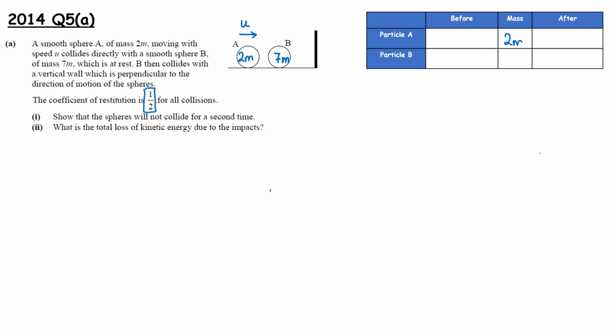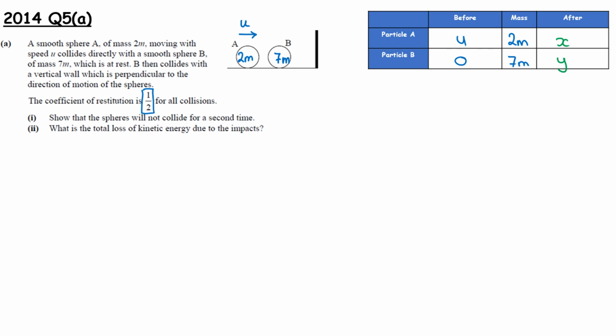So we have 2m, we have 7m, we have 0. Oh no, other way around. We have u and we have 0. And we have what I like to say x and y. So first thing we're going to do is Newton's law of restitution, which is v1 minus v2 is equal to minus e bracket u1 minus u2.